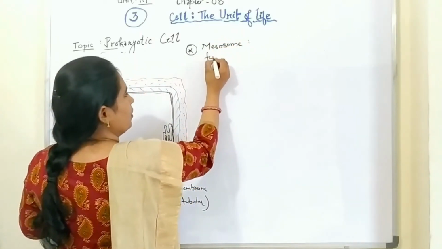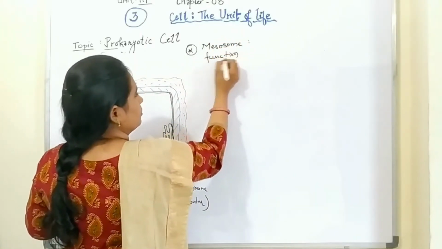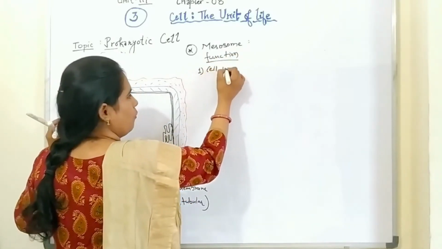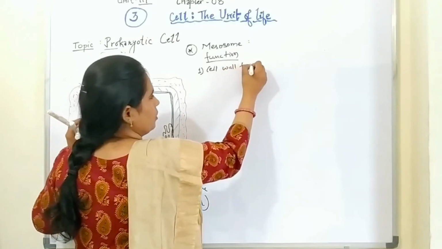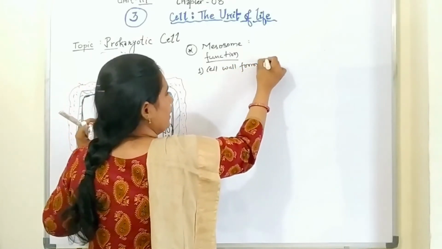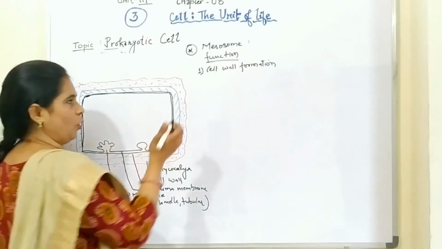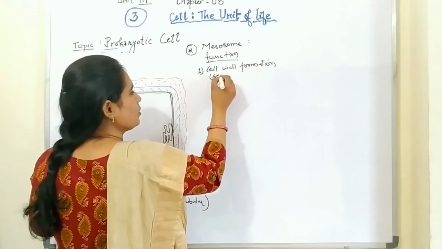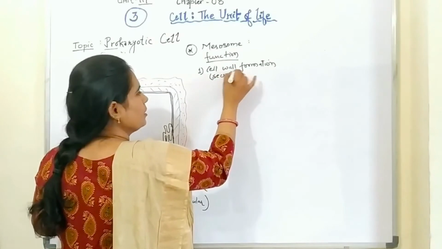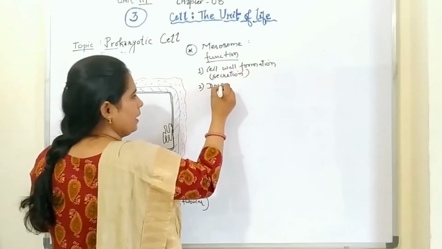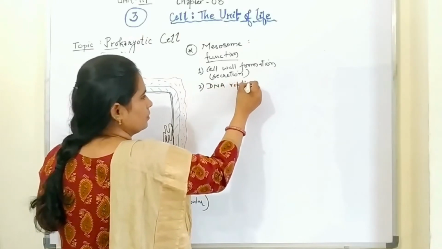The function of it is, it helps in cell wall formation. So होता क्या है generally? It secretes the chemicals which help in formation of cell wall. So आप इसमें secretion को भी एक इसका function consider कर सकते हैं. Second, it helps in DNA replication.